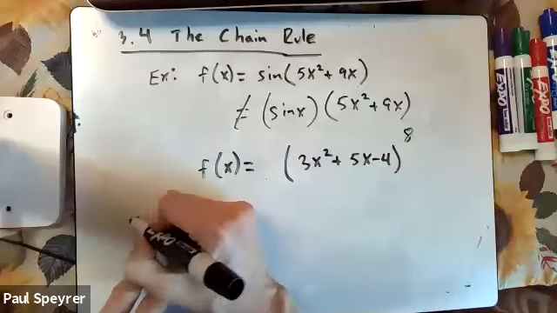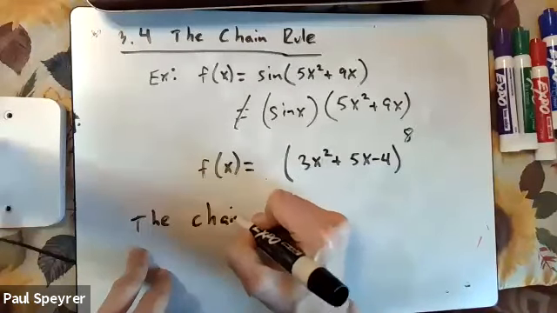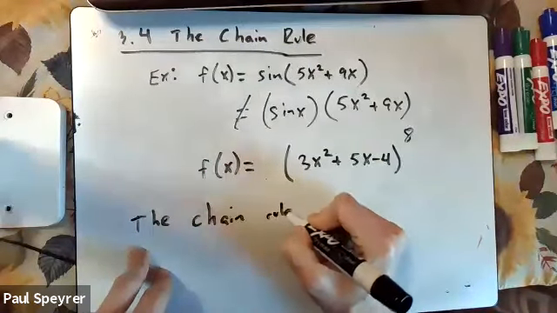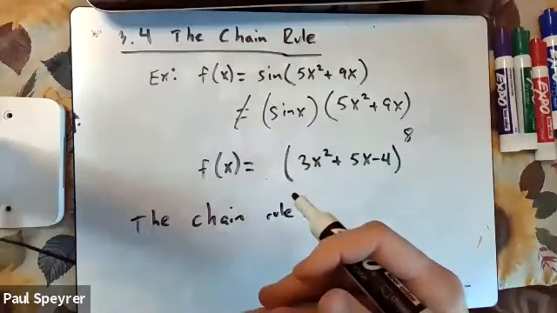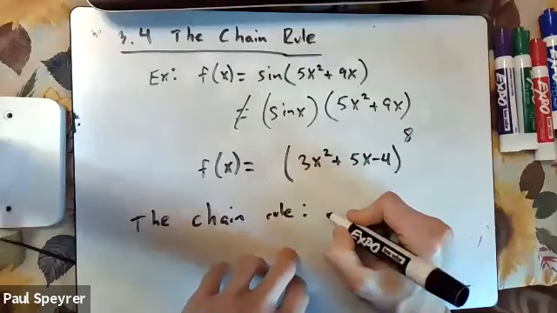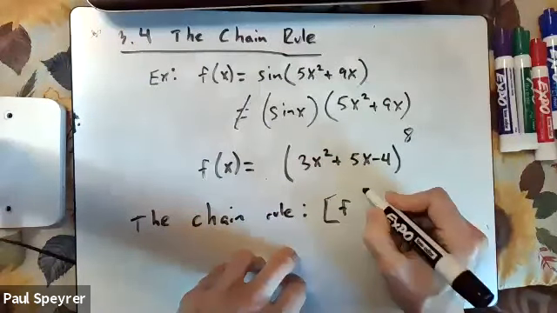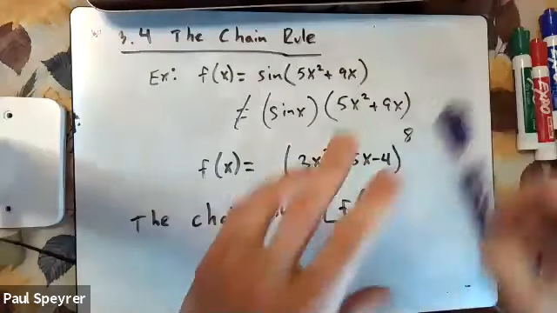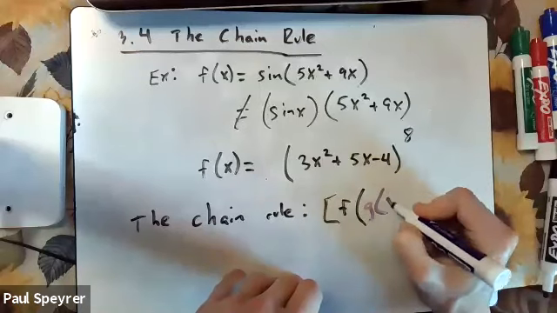Well, the way the chain rule works is there's kind of like a formula, and it doesn't matter how many functions are trapped inside of another. Let's say we have f of g of x like that.